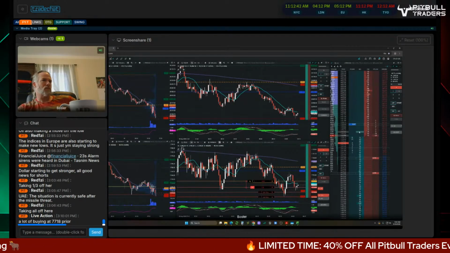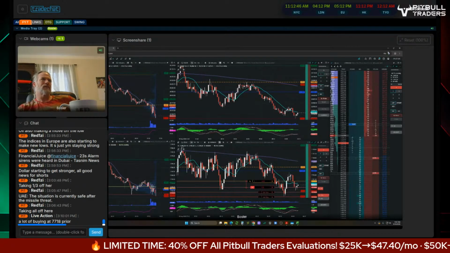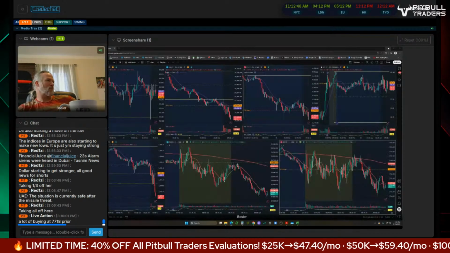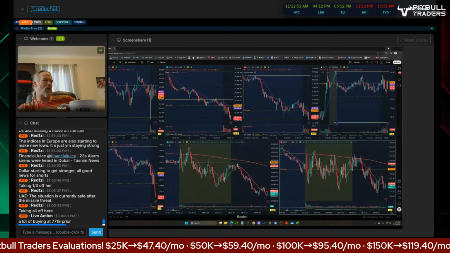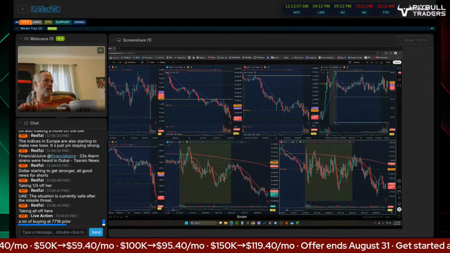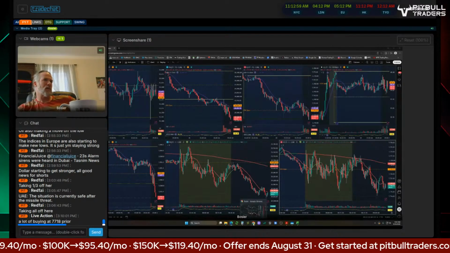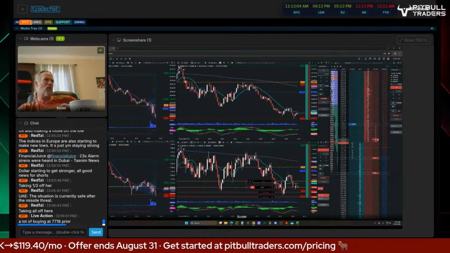This is what happens when they rotate them, though. They take YM and RTY down, they could start buying ES and NQ easily enough. Let's see what happens. I got 2 on. I'm looking to add a couple more if it breaks.